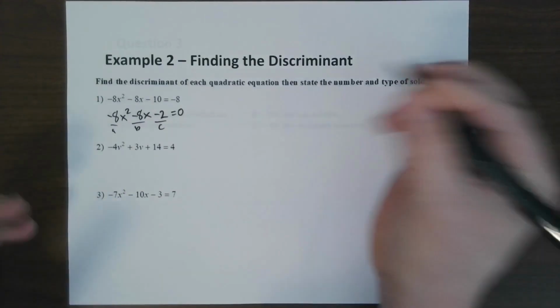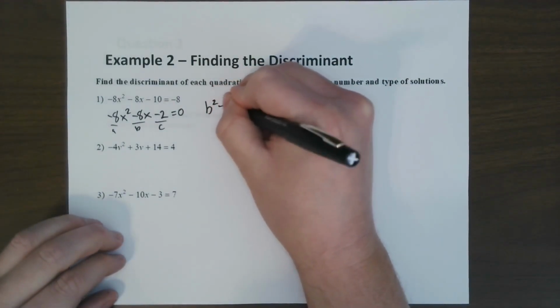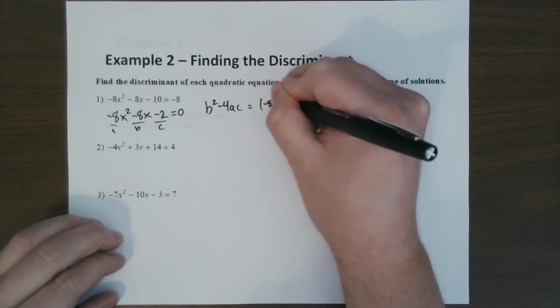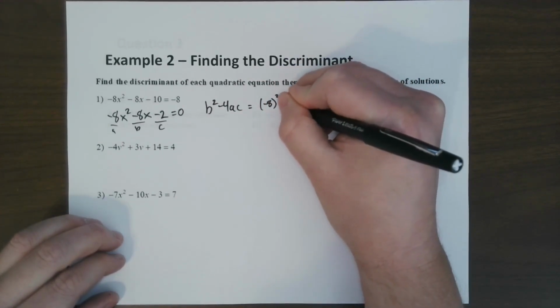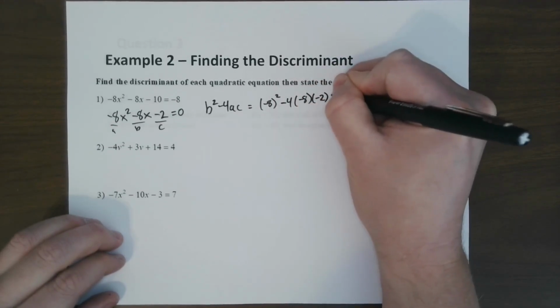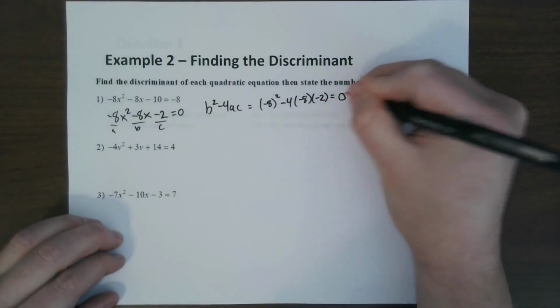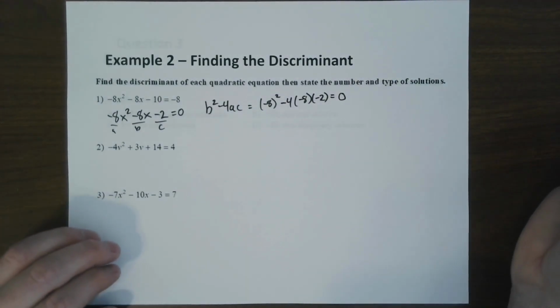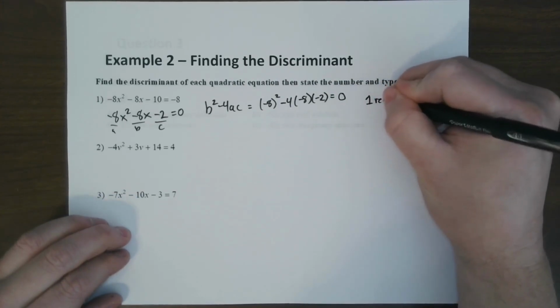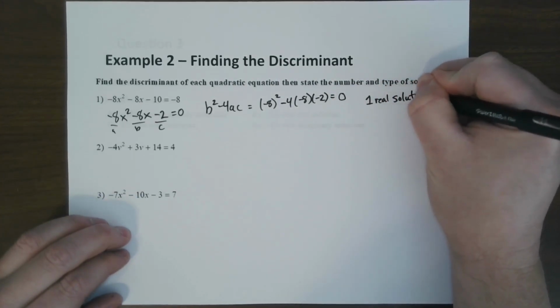So I'm just going to plug it in, b squared minus 4ac. So I get negative 8 squared minus 4 times negative 8 times negative 2. If I plug that in, I get 0. So that means, since it equals 0, there's only one real solution.